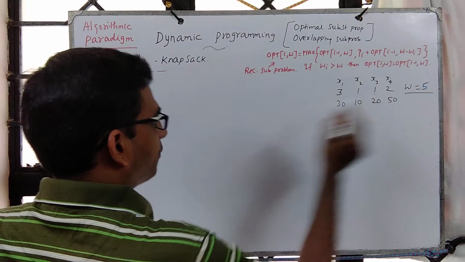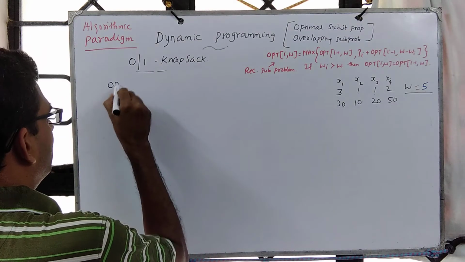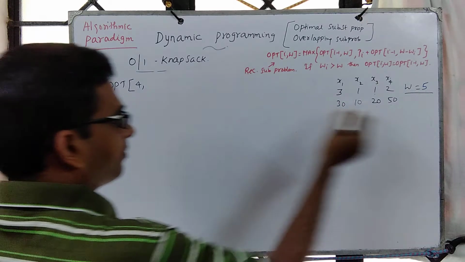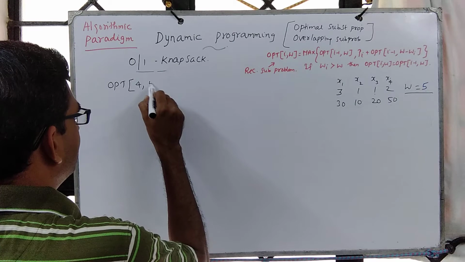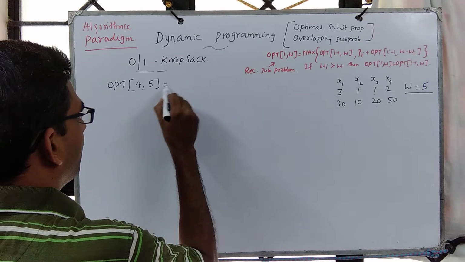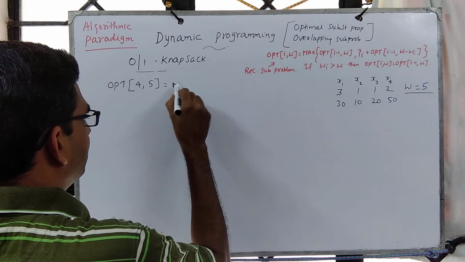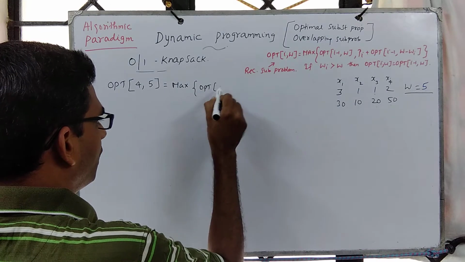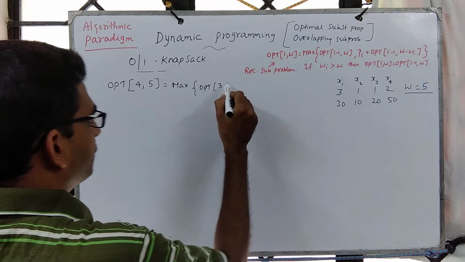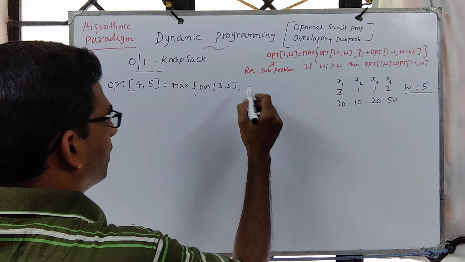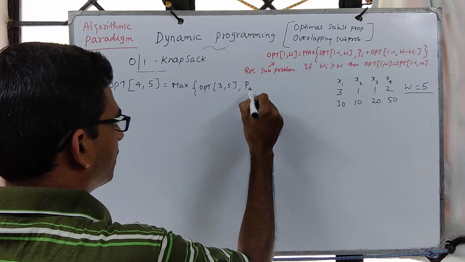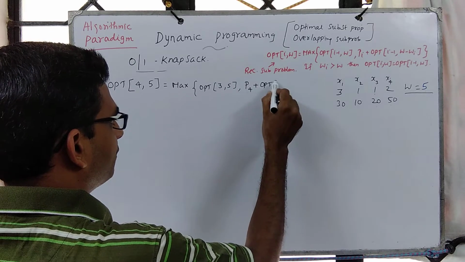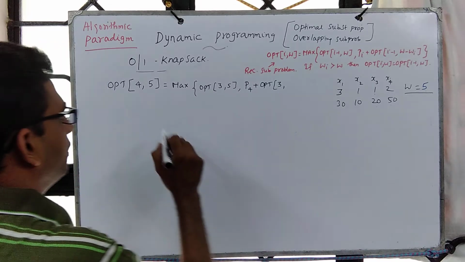So what is that we want? Ultimate thing is we want opt of 4, 5: there are 4 objects and max capacity of the bag is 5. And if you use this recursive subproblem formula, it is max of opt of 3, 5, where object 4 is not used, or you may use 4 and get a profit of P4 plus opt of the first 3 objects.